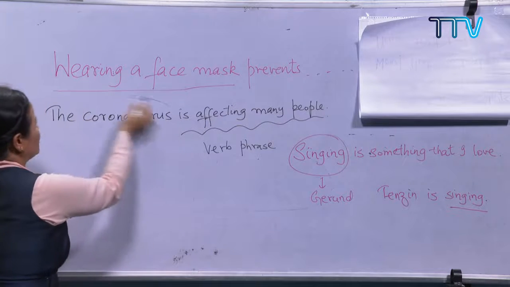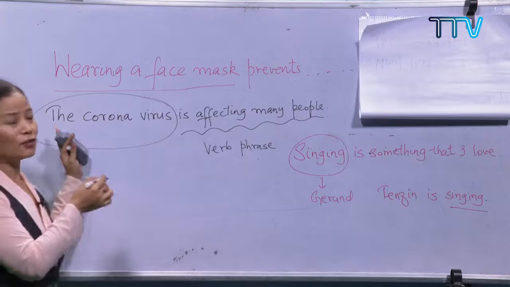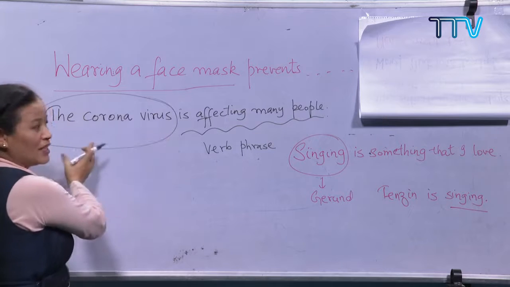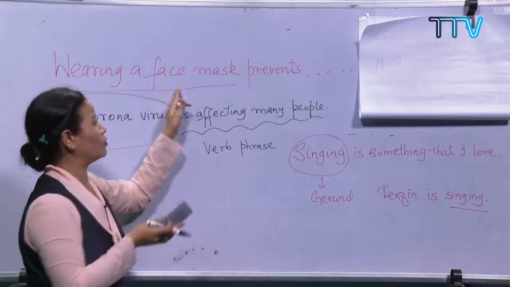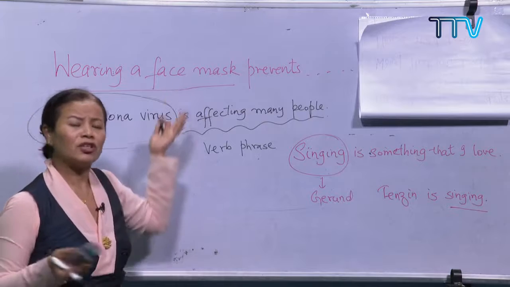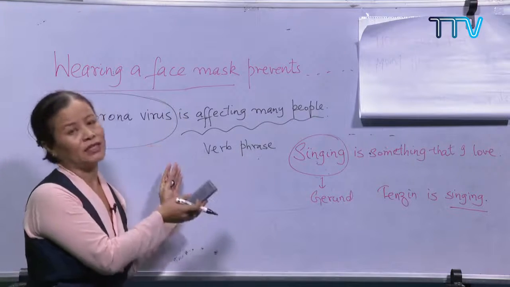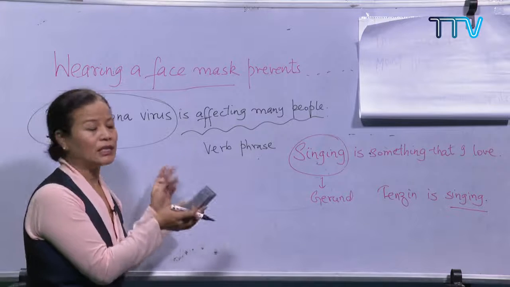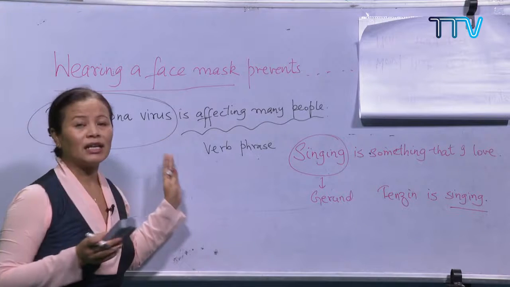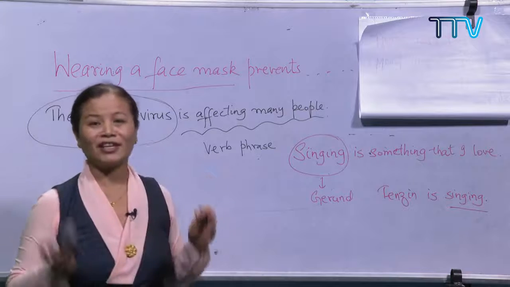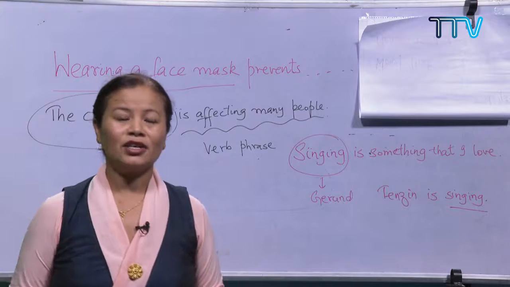But if we remove this part from this sentence, the coronavirus, then it cannot stand alone. Is affecting many people is not a complete sentence. It's only a phrase. So a phrase is a part of a sentence, right? It's not a complete sentence. So that's why in order to understand a sentence, it's very important that you learn about phrases.